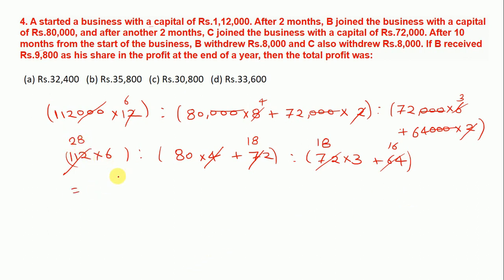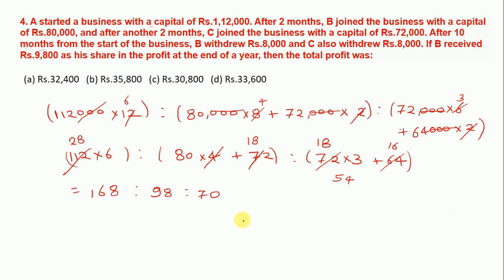8 into 6 is equal to 48. 6 into 2 is equal to 12. 168. 80 plus 18 is equal to 98. It will be 54 plus 16 is equal to 70. Now B received 98 as his share in the end of the year.